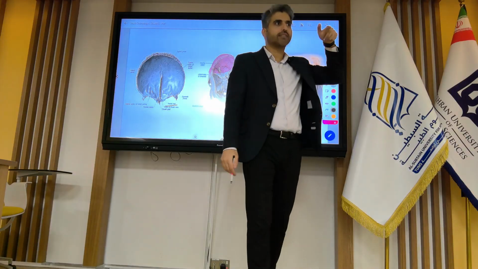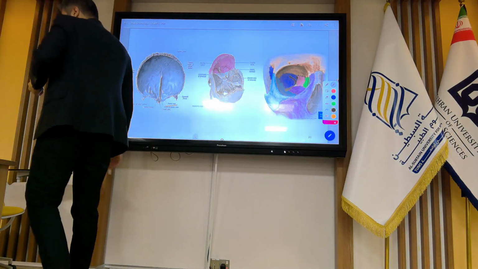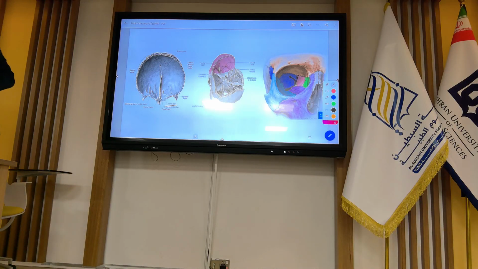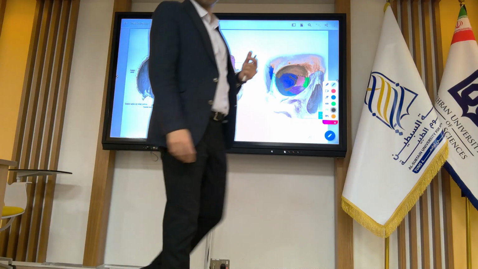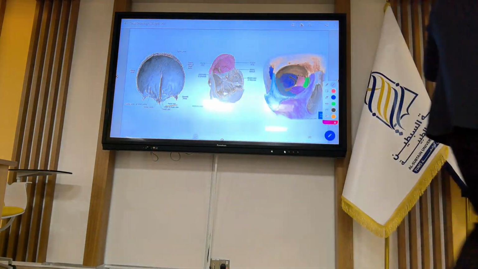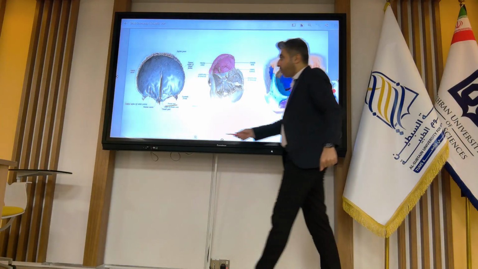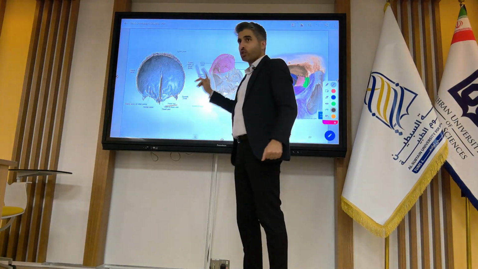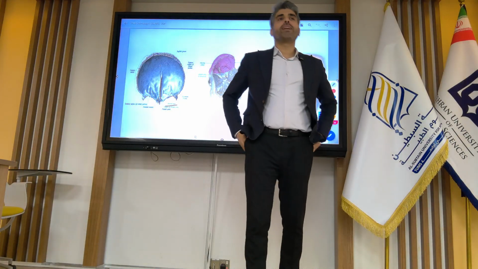Why do we have a crest? Yes, finally it goes down and attaches to that point. But no, what is the function of the crest? It's for the meninges.